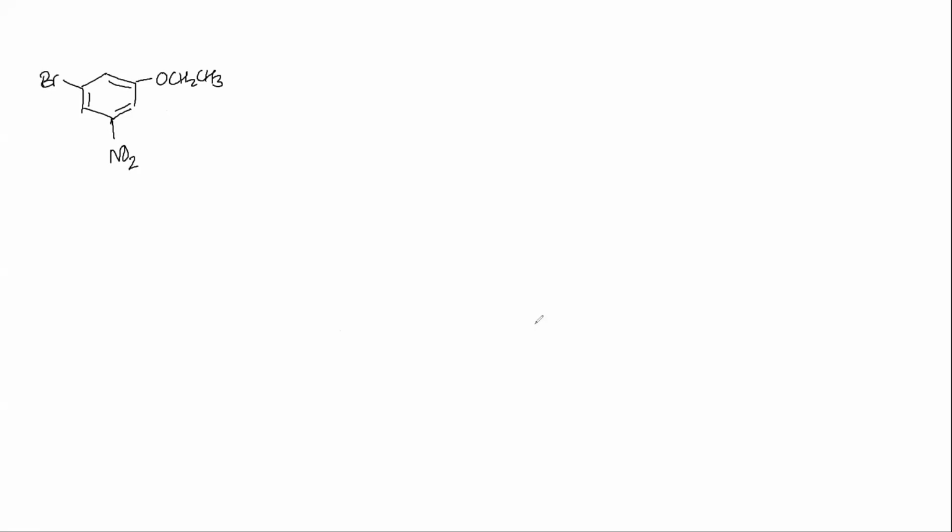Again, I might have just made it more complicated than it needs to be, but we know how to add the bromine. We know how to add the nitro group. We just need to know how to add the OR group.